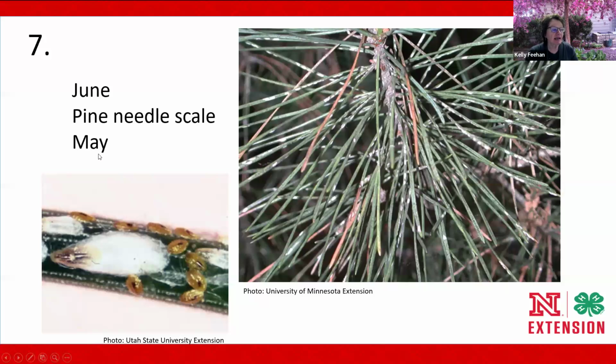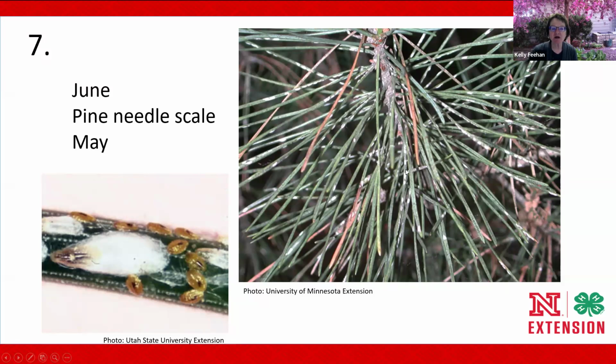So they overwinter as eggs underneath that scale. They hatch out in May, typically about the time that the pines are candling, that new growth. They'll crawl to that new growth and embed themselves, and then start to feed on the sap. If control is needed, often control for this is not needed, but if the population's getting quite high, it can cause some stress.